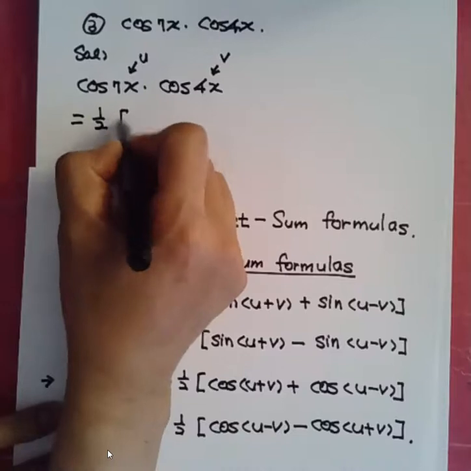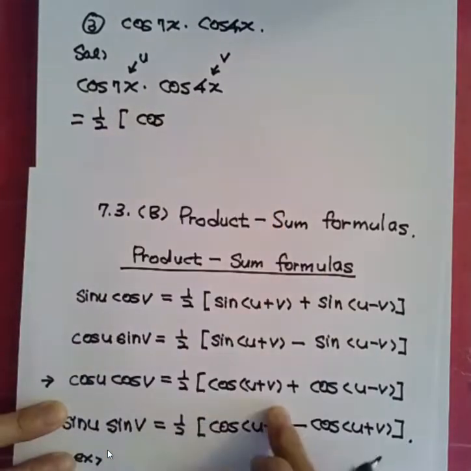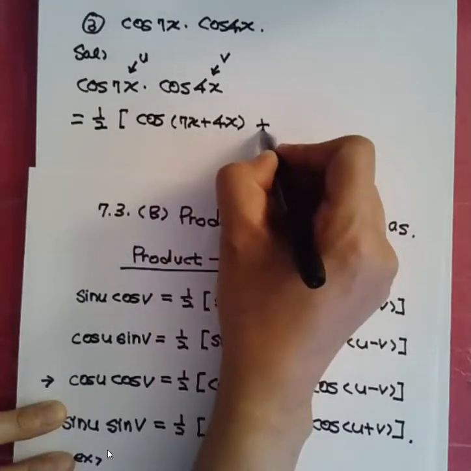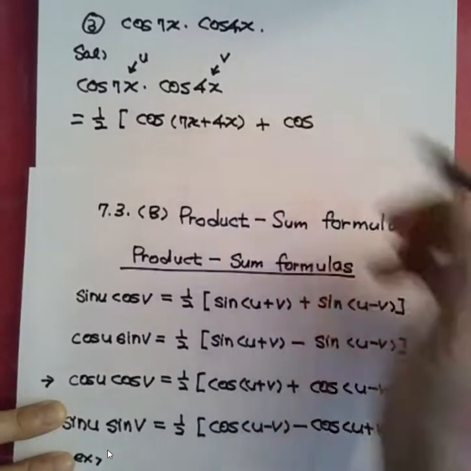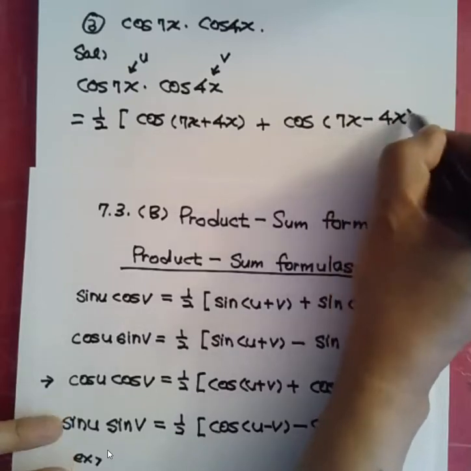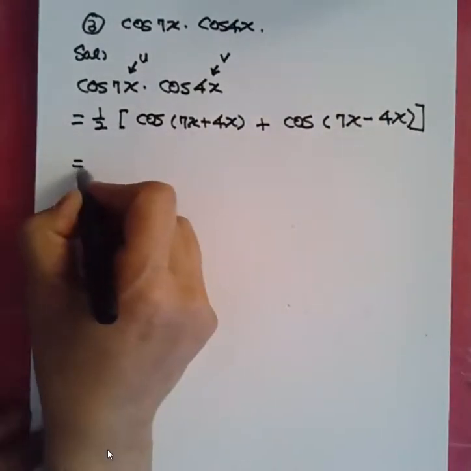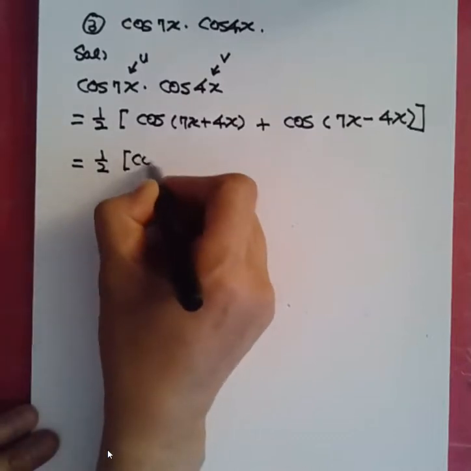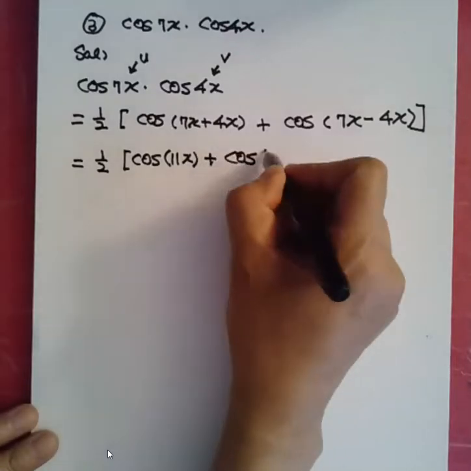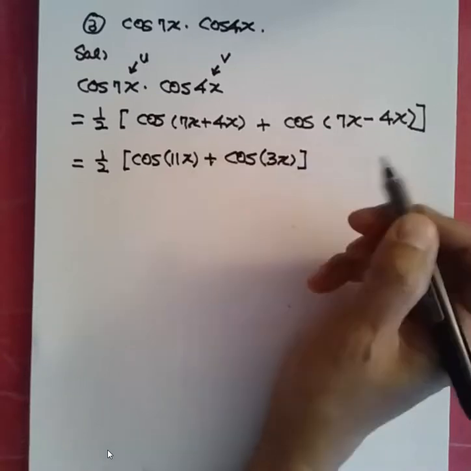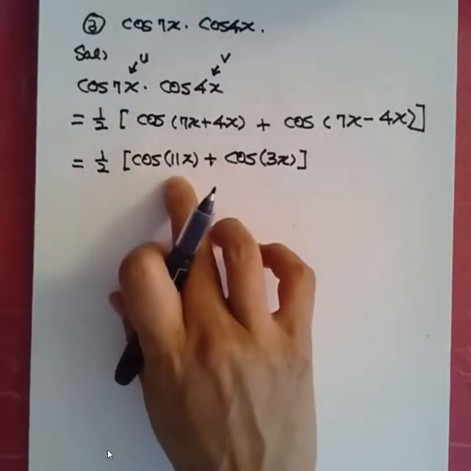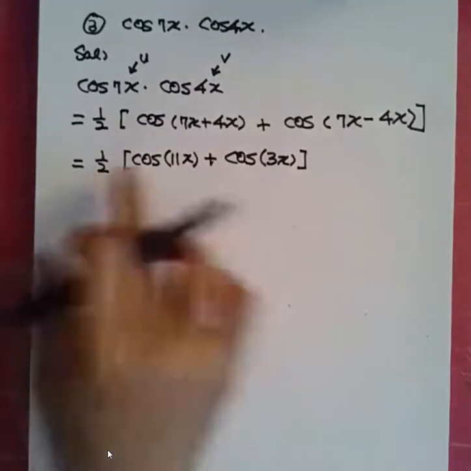So we get 1/2 times cosine of the sum 7x plus 4x plus cosine of u minus v, 7x minus 4x. So that is 1/2 cosine of 11x plus cosine of 3x. You cannot do anything more here because the angles are different. So this is the final answer.